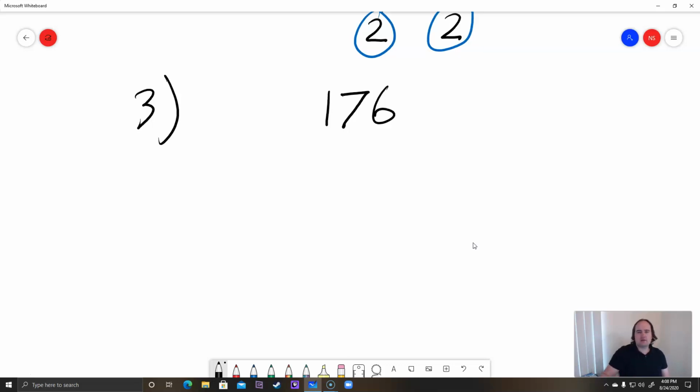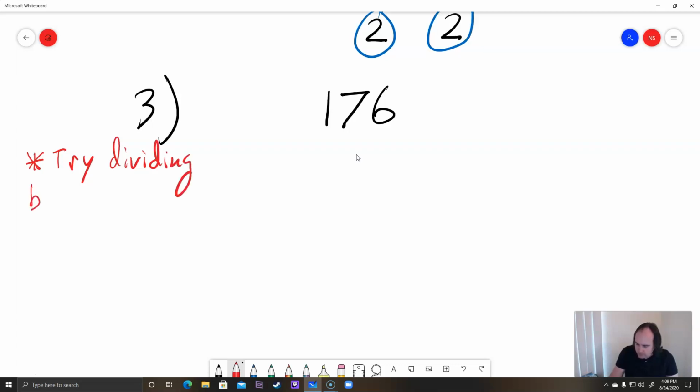However, what you can do is you can try dividing by different numbers. Okay, so let me write this down. Try dividing by different numbers.